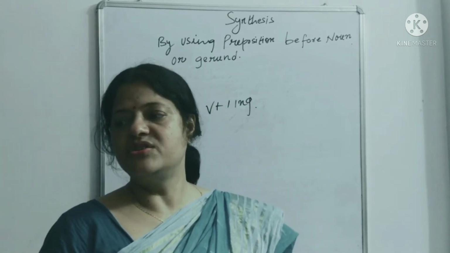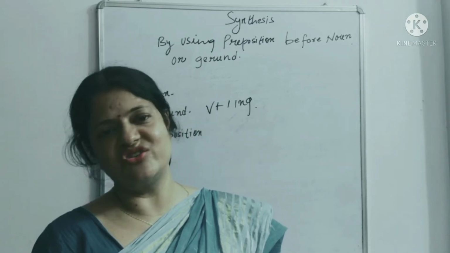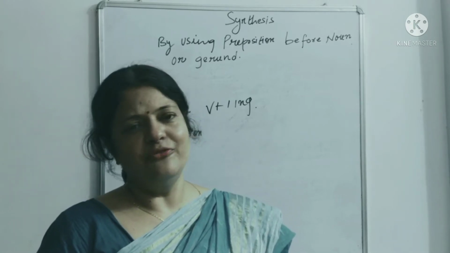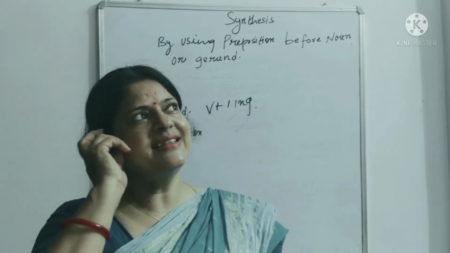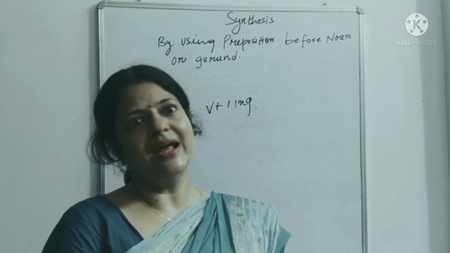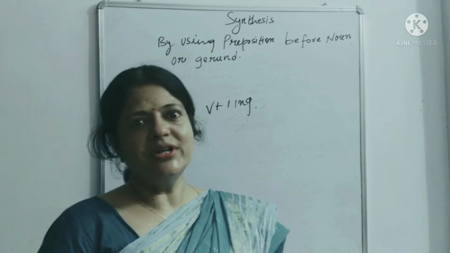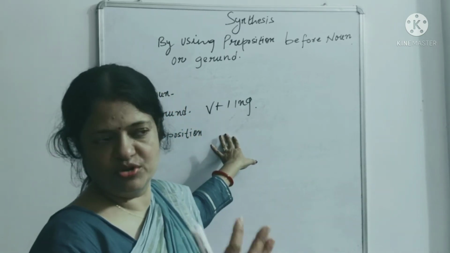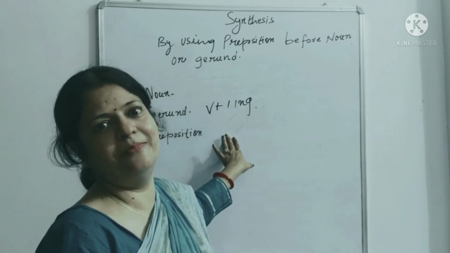The examples are swimming, smoking, dancing, playing, etc. Now you must be confused about the formation, because I have already told you that even a participle can be formed by adding ing to the first form of the verb. So what is the difference between participle and gerund? Most students are still confused about this.